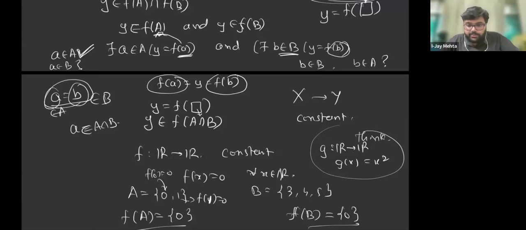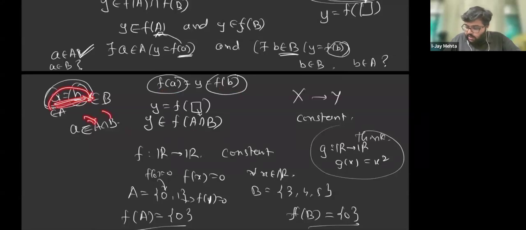I'm repeating again. We got y equals f of a and y equals f of b, so f of a equals f of b. Now if a equals b, then I found an element in the intersection, because a is in A and b is in B, but both are equal. Therefore a must belong to B also.